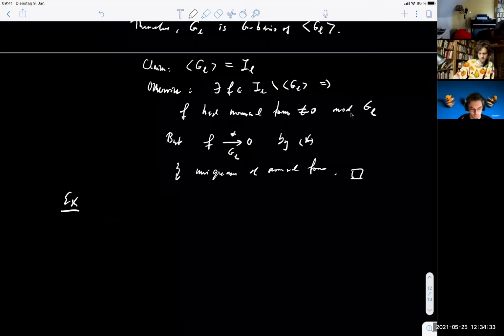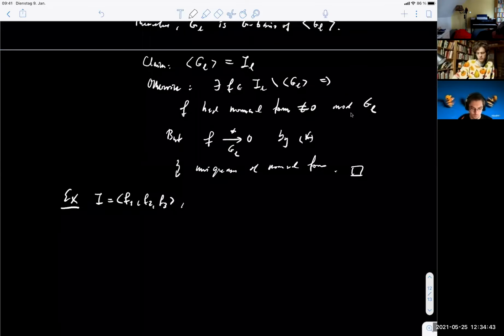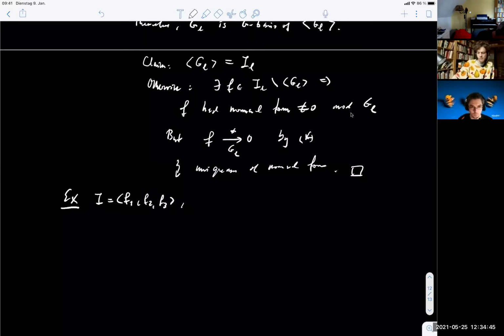So I have an ideal generated by 3 polynomials, F1, F2, F3. Let me write these polynomials. I have 3 variables, x, y, z. F1 is x squared plus y plus z minus 1.